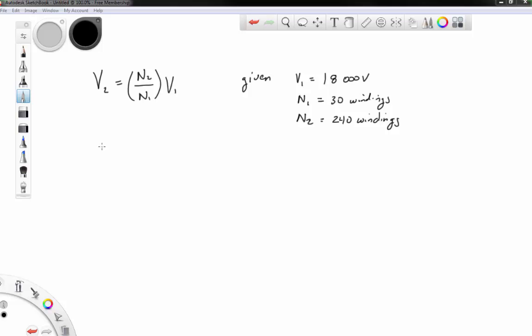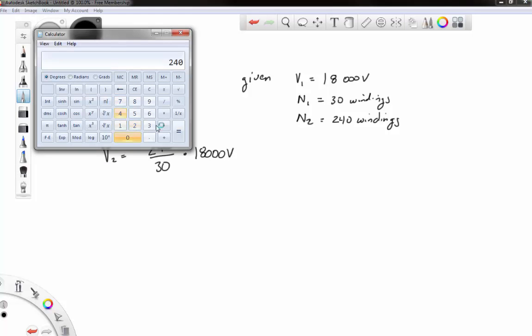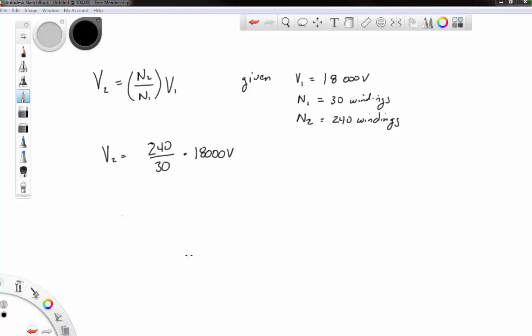We use that same equation again, and we don't even have to do anything to it, we just plug numbers in. So we have 240 divided by 30, the windings part cancels, times 18,000 volts. 240 over 30 is 8, times 18,000, and what you get is 144,000.